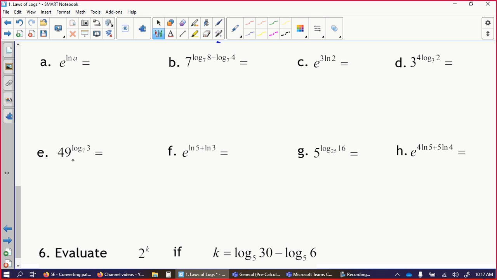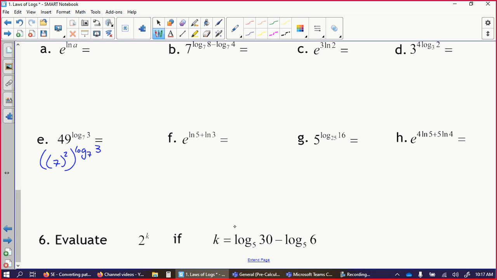That one you have to do a little bit of tricky work. 49 is 7 squared. Log base 7 of 3. Well, you can do something there. Simplify this, figure out what your exponent is.